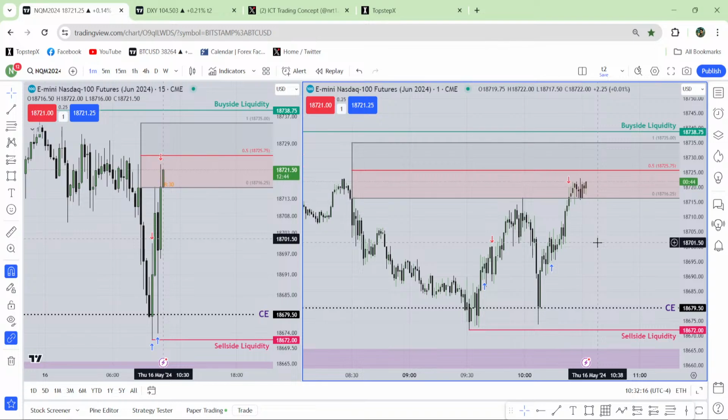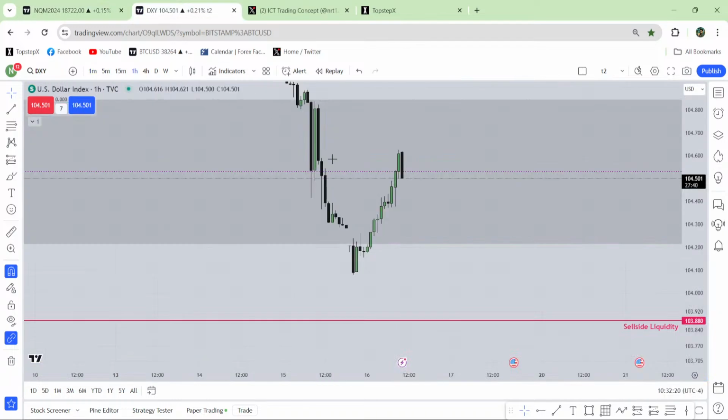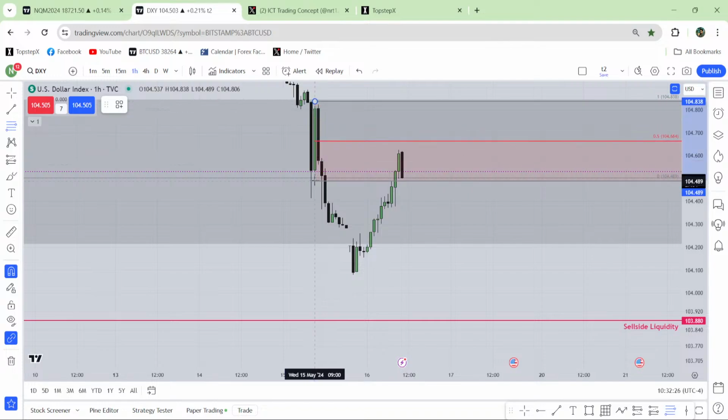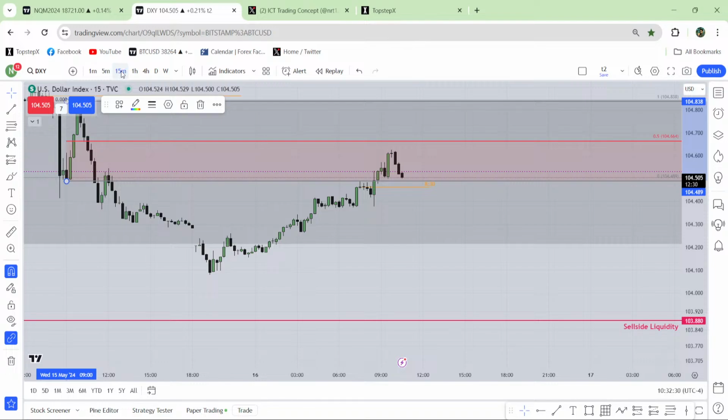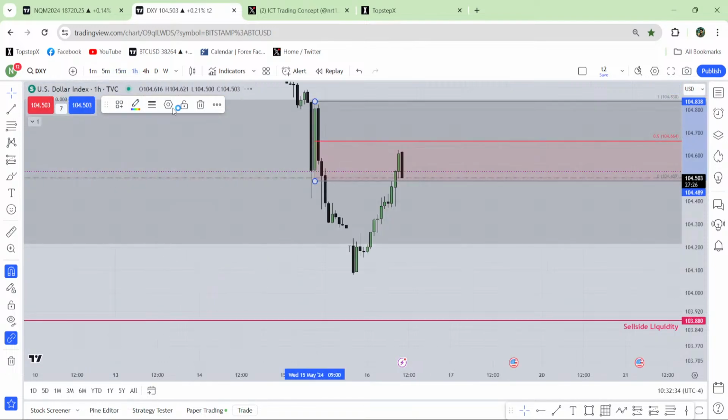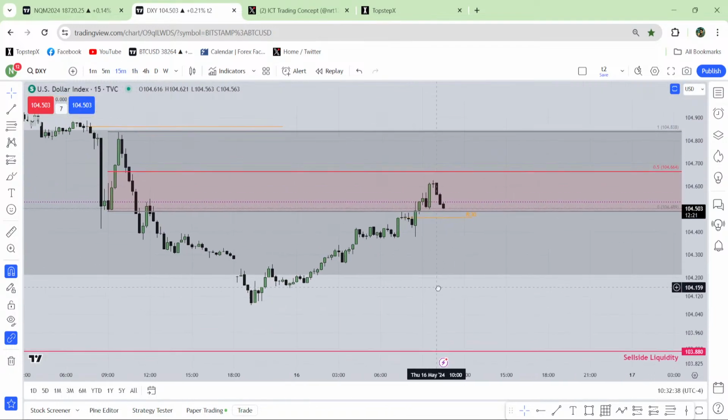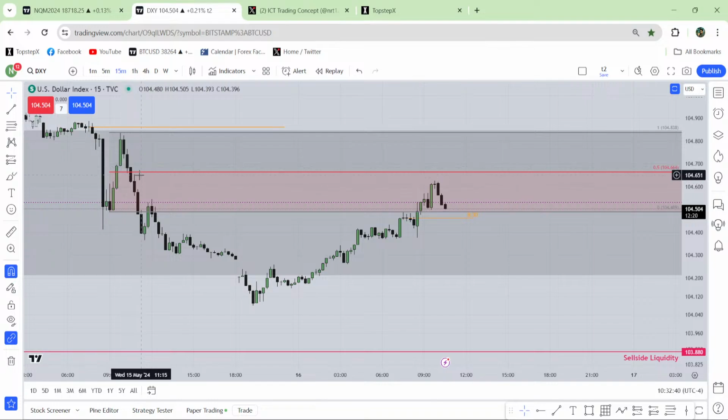Please. DXY made a 15-minute fair value gap. Let me check. Okay, over here I would love to stay in the hourly chart, and from the 15-minute chart what I can see is, fair value gap, no fair value gap.